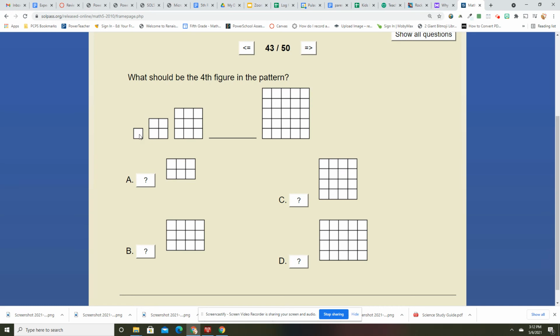Are you timesing by 4th, or are we adding on? We're just adding on. It would have to be this one, B, C.